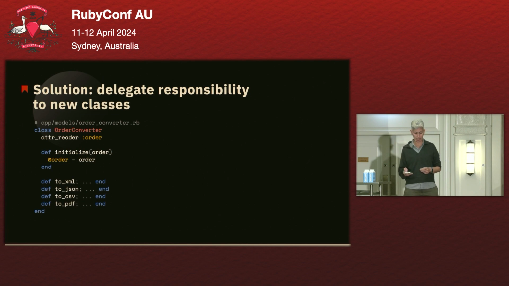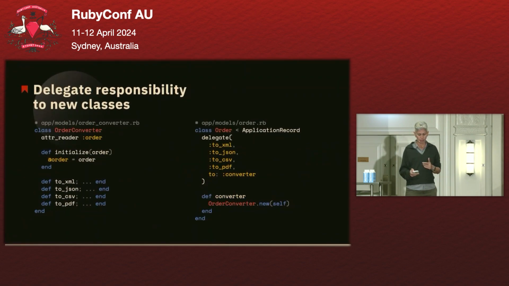And in this case, if you'll see over here, I initialize it with the order, and then I do all the other things that I want to do to convert the files. And then in our order controller, I'm delegating all those methods to our converter instead.